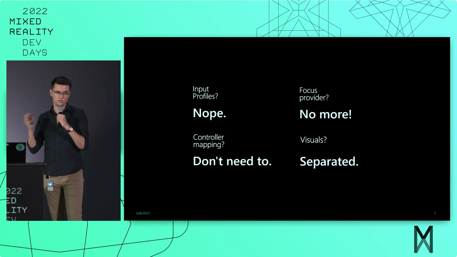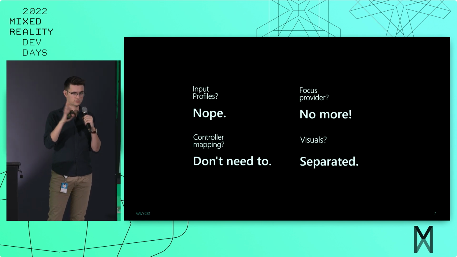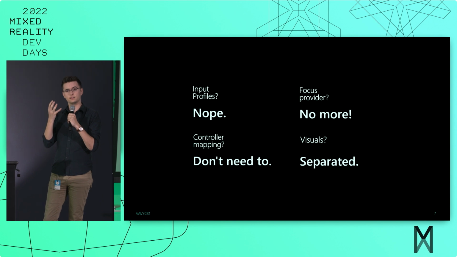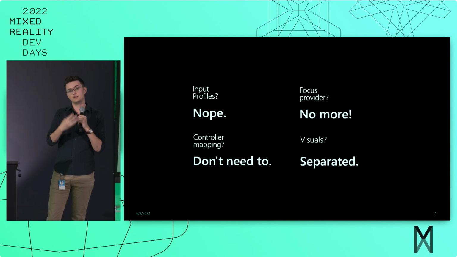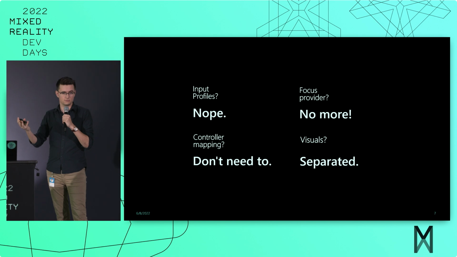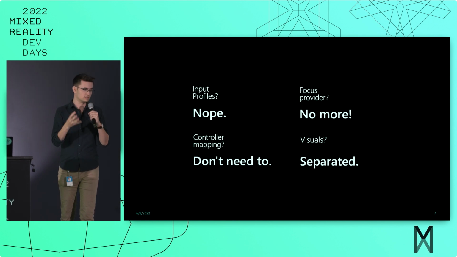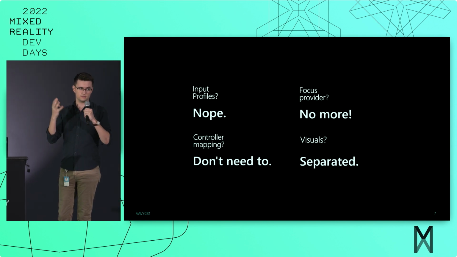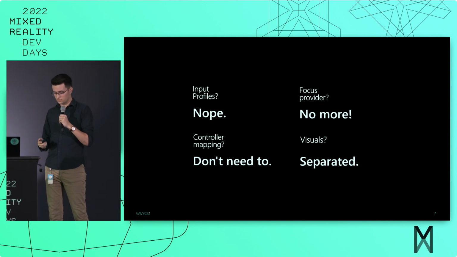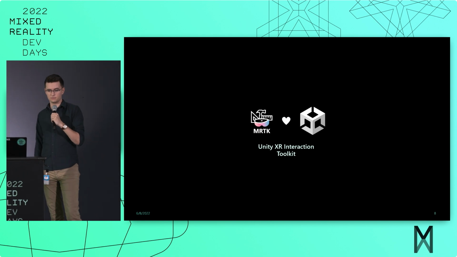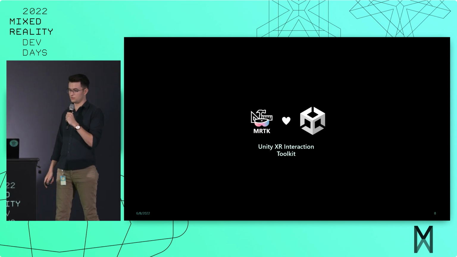So in MRTK v2, a lot of things like your pointers were very tightly coupled with the visual representation. And the same thing with your interactables and your buttons. The interactions and the visuals associated with those were very tangled. And so we can solve a lot of these problems with the XR Interaction Toolkit, which Roger can talk more about.